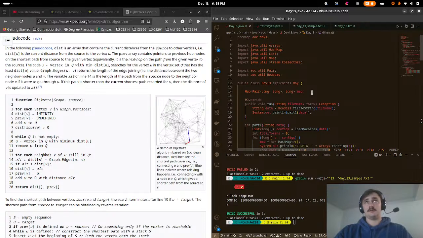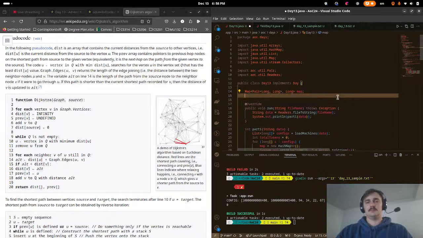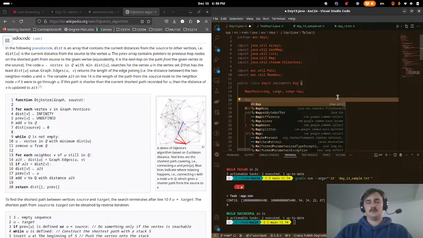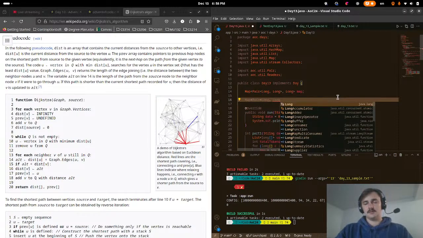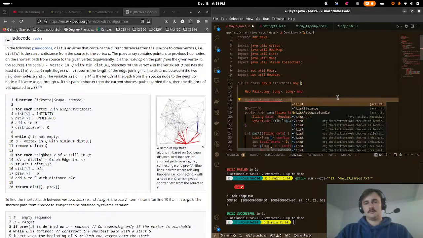Oh my gosh, how is this going to work? This is about to be crazy. It's going to map a pair to a list of pairs. Oh boy, I don't know if this is going to work. It's going to be too big. To a list of pairs.